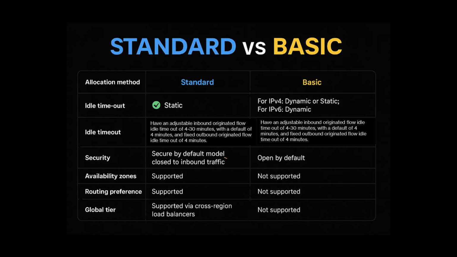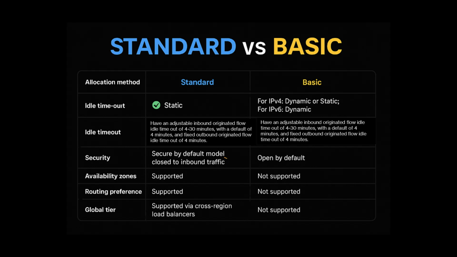On the other hand, the basic SKU is open by default, so while you can apply NSGs, doing so is optional and not enforced, making it less secure out of the box. If you are building for resiliency across availability zones, only the standard SKU supports zonal, non-zonal, or zone redundant configurations, and only in regions with 3 availability zones. The basic SKU doesn't support zone awareness.